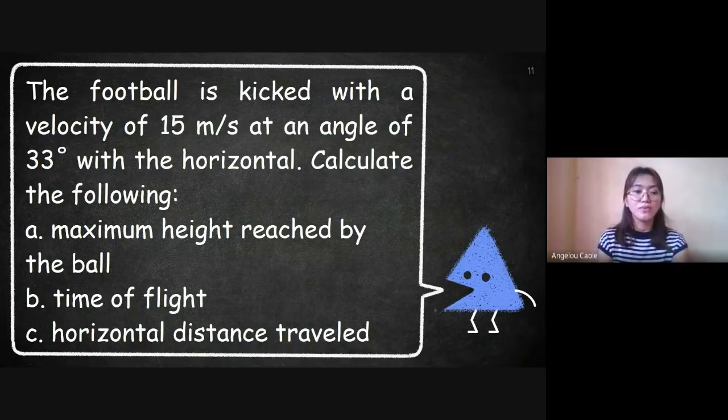So our given: we have 15 meters per second as the velocity, and of course, the angle is 33 degrees. And we are looking for the H max or the maximum height, the time of flight, and the horizontal distance.